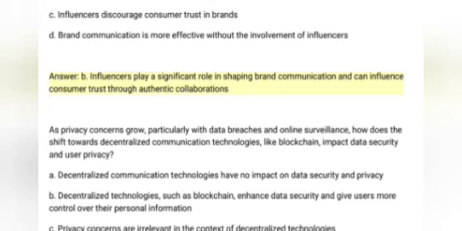As privacy concerns grow, particularly with data breaches and online surveillance, how does the shift towards decentralized communication technologies, like blockchain, impact data security and user privacy? A. Decentralized communication technologies have no impact on data security and privacy. B. Decentralized technologies, such as blockchain, enhance data security and give users more control over their personal information.